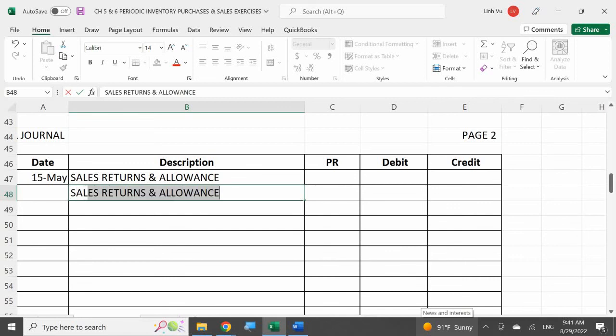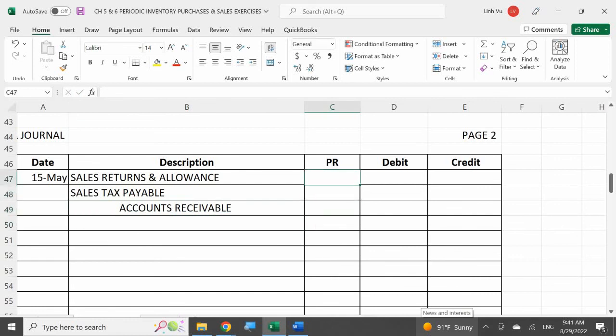The tax. Yep, sales tax payable. And then we can go ahead and reduce their account. So that's 406, 230, and 103.